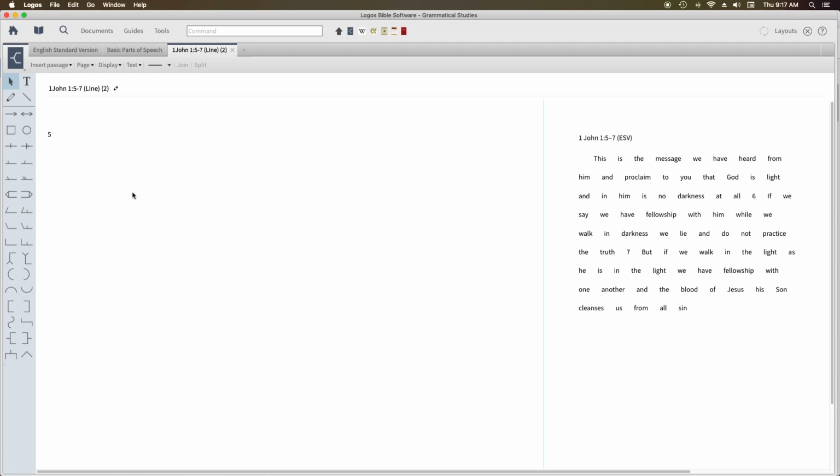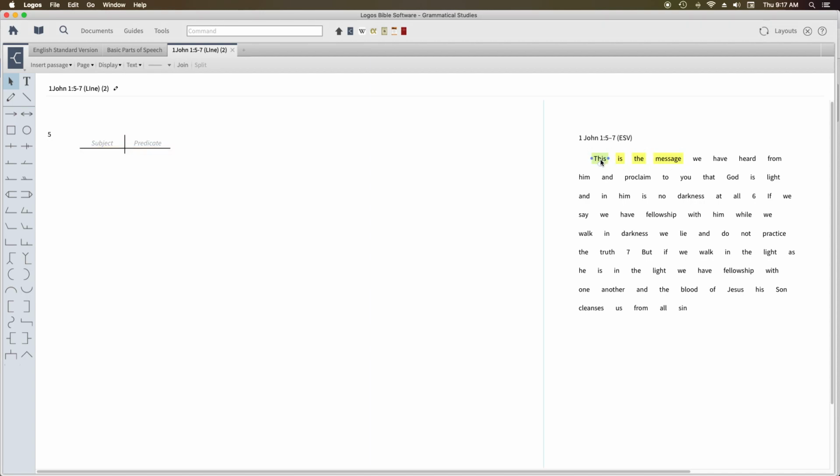And so when you're diagramming a subject and a verb, you always start on a horizontal line with a line in between them. Okay? And you can see here subject and predicate. Predicate is just another way of saying verb. And so here we have this is the message.